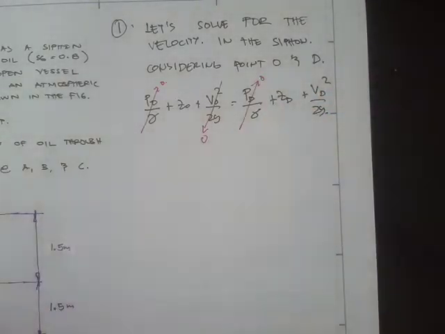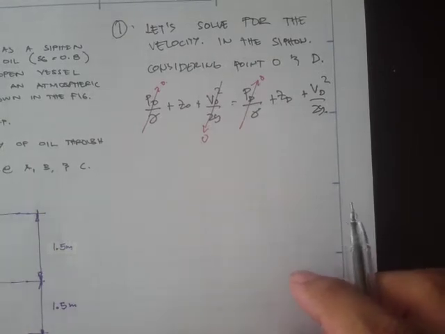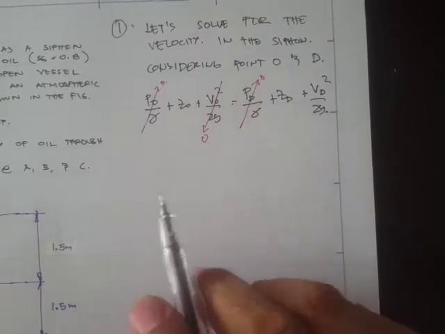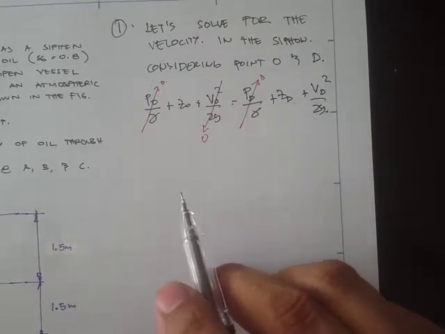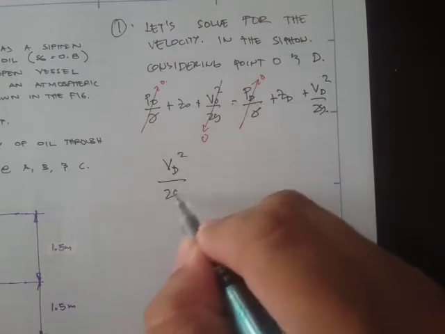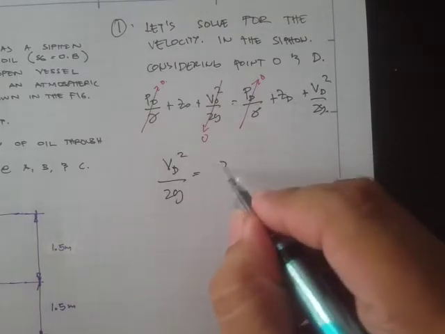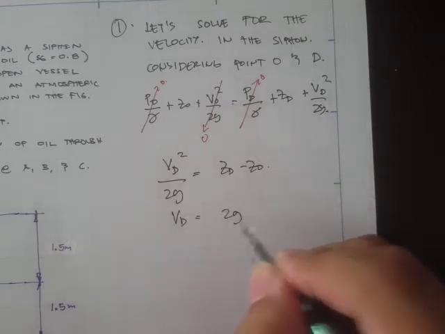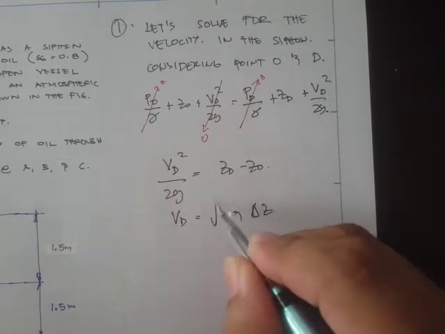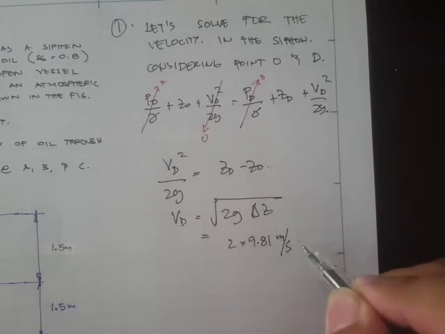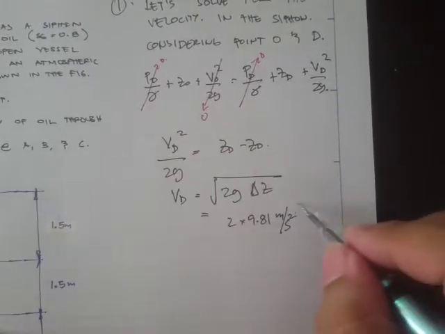And now let's consider an arbitrary reference line, and therefore we'll just use Z_D minus Z_O, or the difference in the elevation. So V_D squared all over 2g is equal to Z_D minus Z_O. Therefore, V_D is just the square root of 2g delta Z. Okay, so 2 times 9.81 meters per second squared times the difference in height.